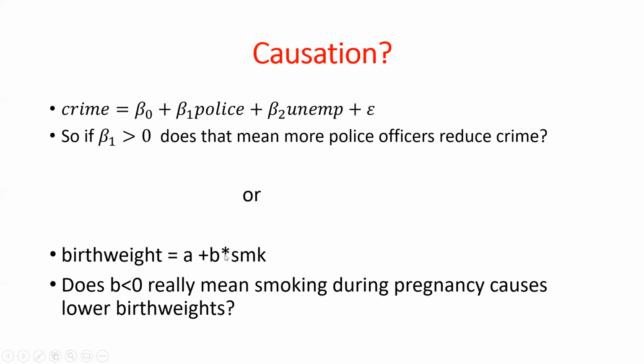So we're not only capturing the effect of smoking while pregnant, we're capturing in this regression the effect of the mother smoking while pregnant, but also all the other things that it's correlated with. So we need to be really careful when we make these kinds of causal claims, especially if we haven't accounted for any other control variables here.